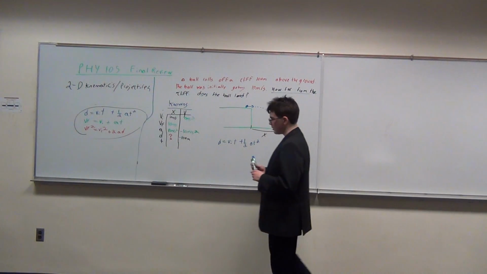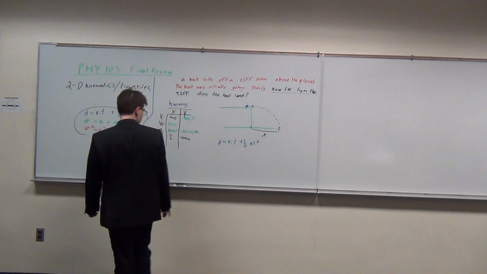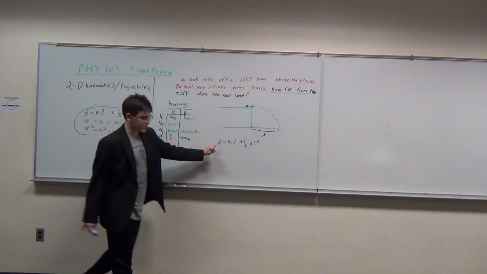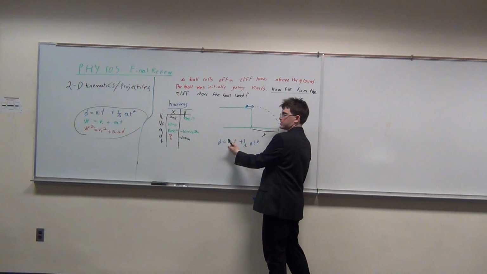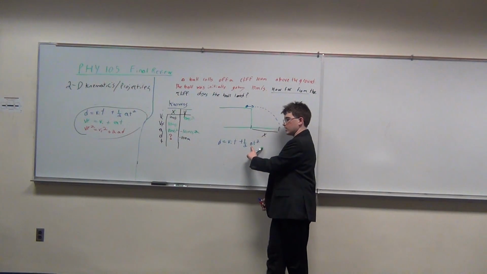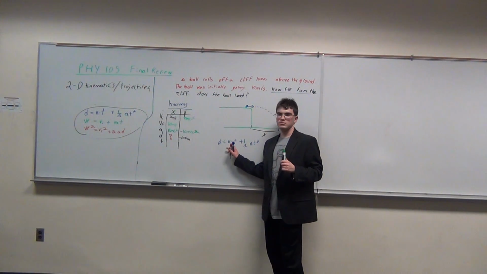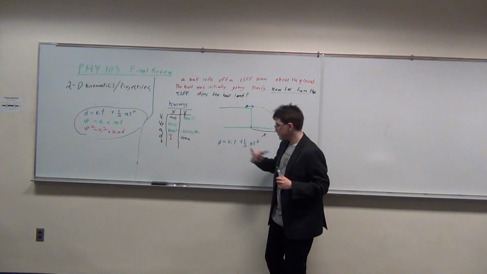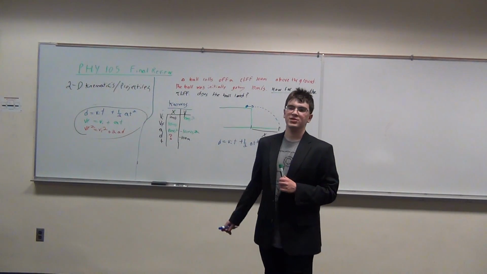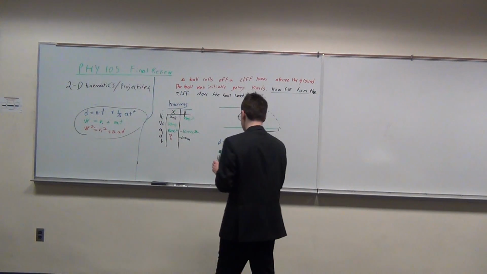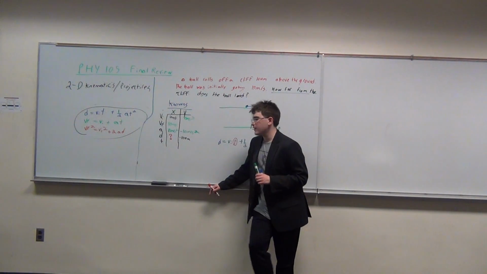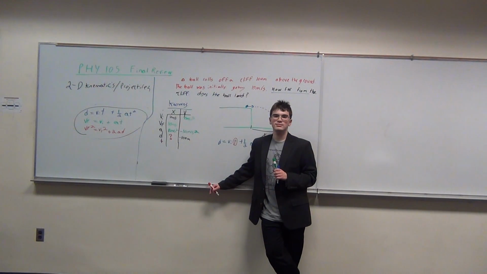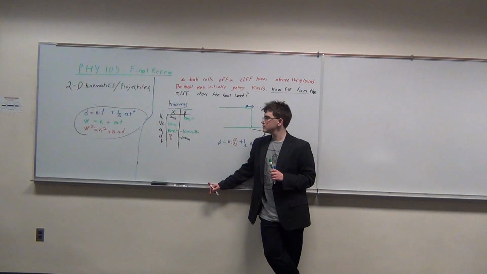Okay? So we look at what we know. Distance is what we're looking for. Good. We know the initial velocity. We know the acceleration. Do we know the time? No. We need to find time first. How can we go about finding time? Yes?